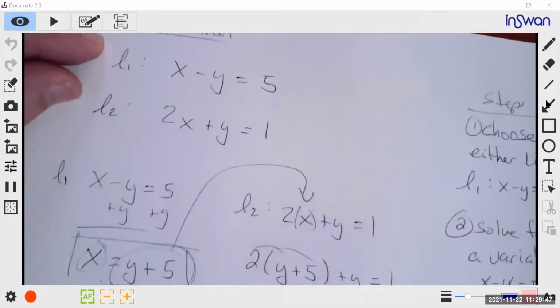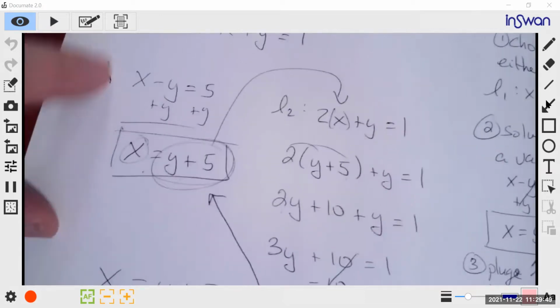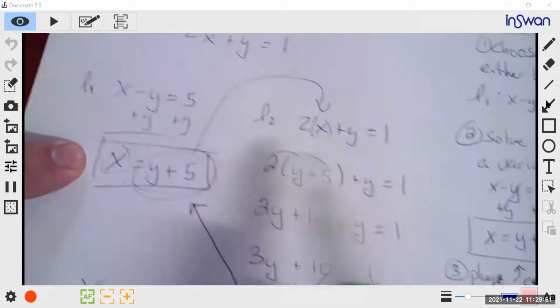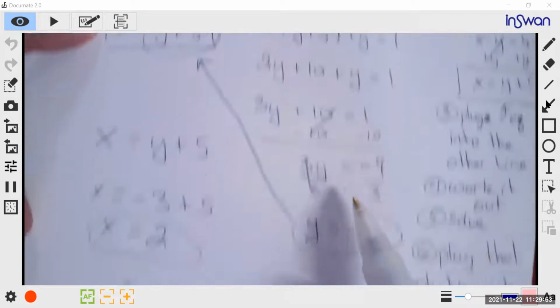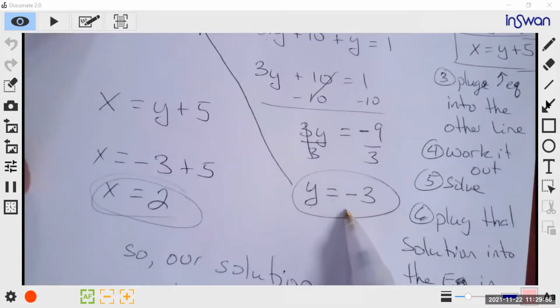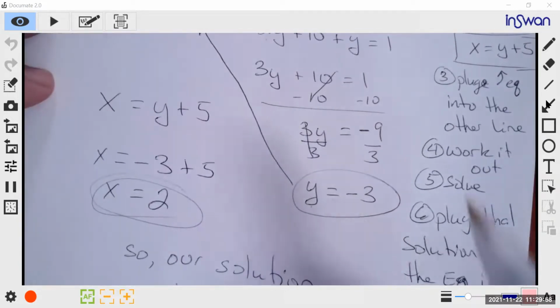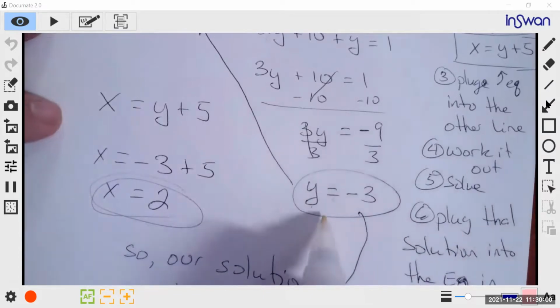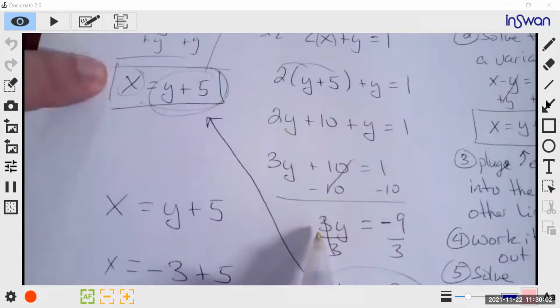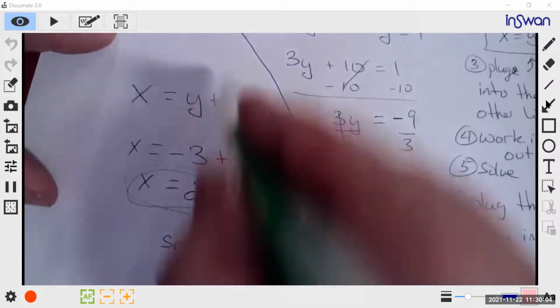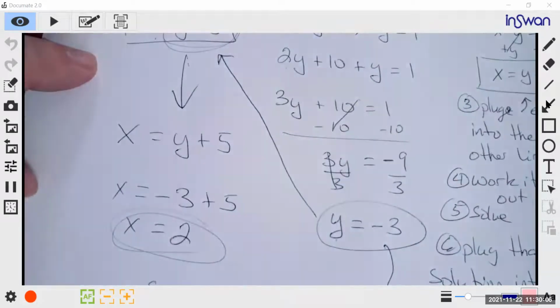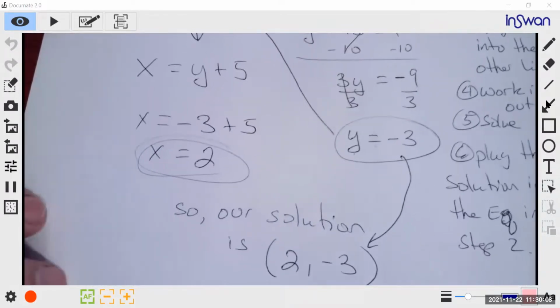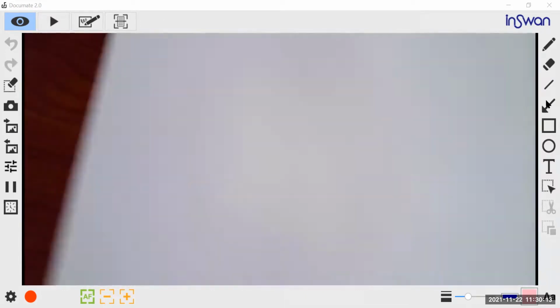Pick an equation, solve for a variable, plug it into the other equation, solve for that. That's one part of it. And then plug that into what you got the first time. That's substitution. Now let's look at elimination.